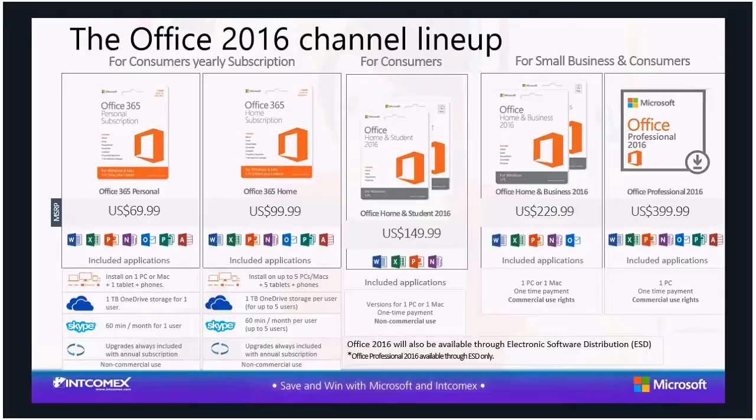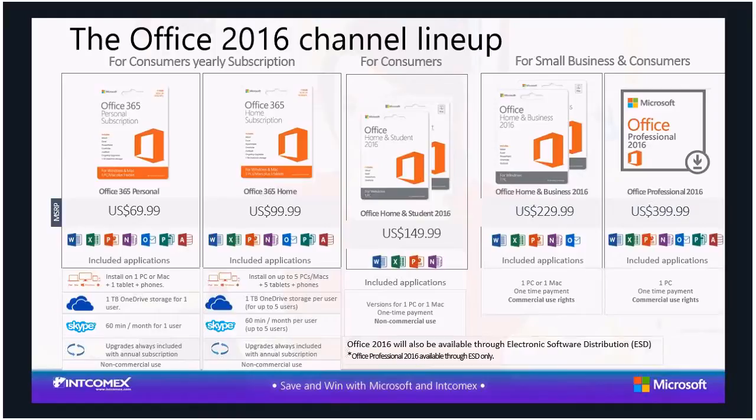There's only one difference between them, and it's basically in how many installations we can do with each of the versions, right? So Office 365 Personal includes the applications that we know and love: Word, Excel, PowerPoint, OneNote, Outlook, Access, and Publisher. That's included in this version, as well as in the Home version, Office 365 Home.